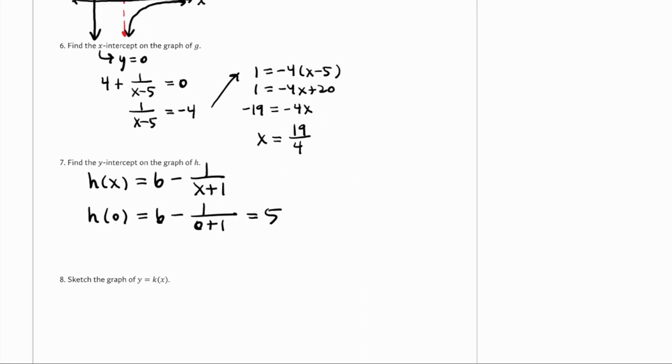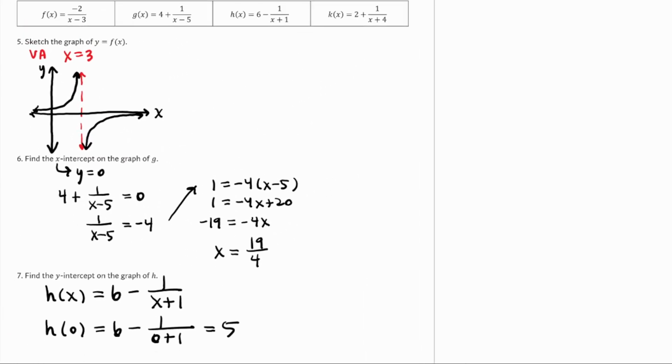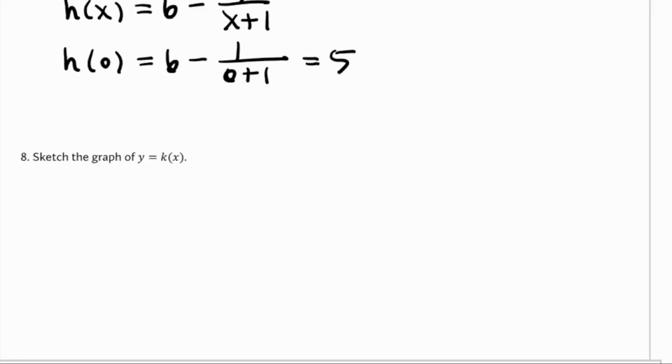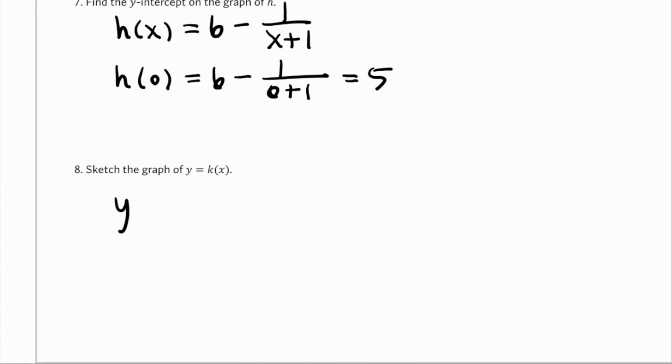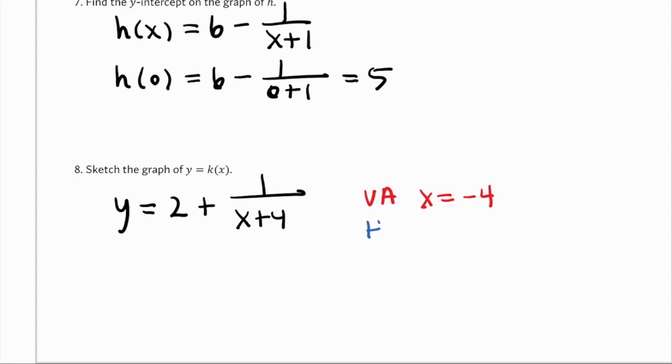And sketch the graph of y equals k of x, so 2 plus 1 over x plus 4. We're going to have a vertical asymptote at x equals -4, because that would cause division by 0. The horizontal asymptote is y equals 2, for the reasons we've already discussed.